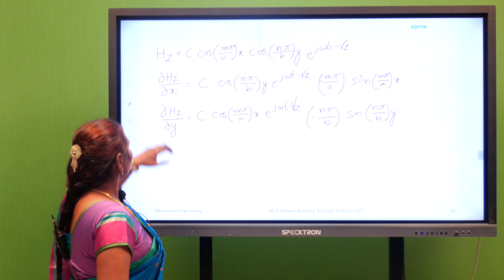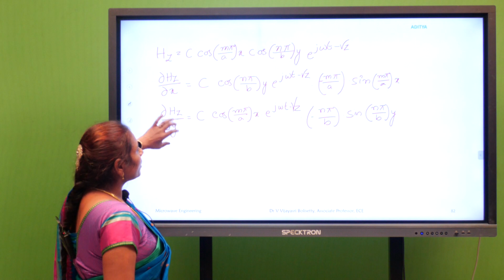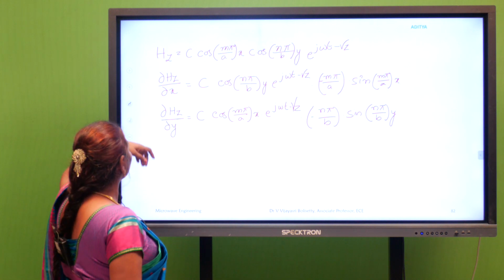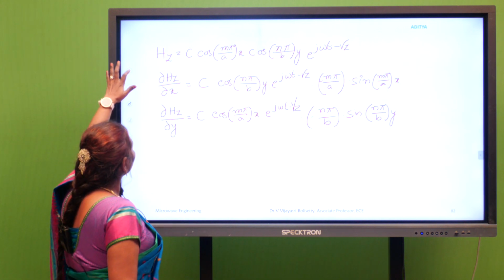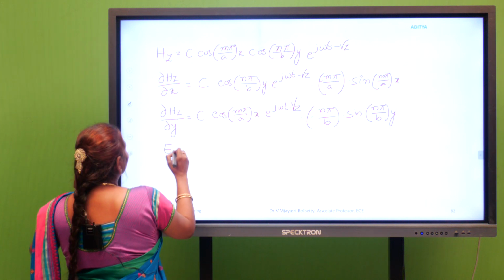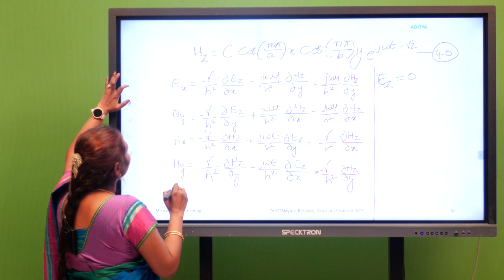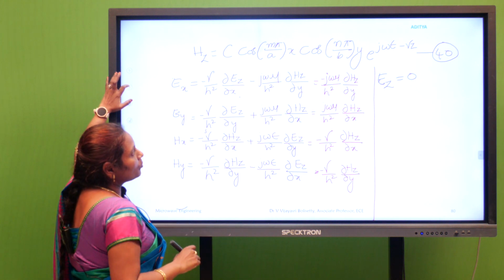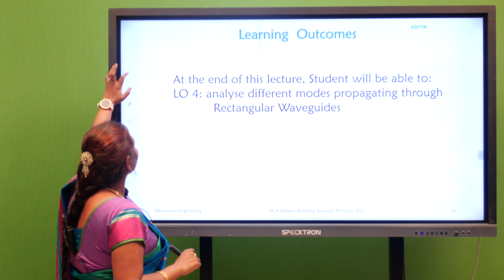Let us substitute this dou Hz by dou x and dou Hz by dou y in the field expressions. So we get the field expressions. Let us write first Ex. Ex is equal to minus j omega mu by h square dou Hz by dou y.